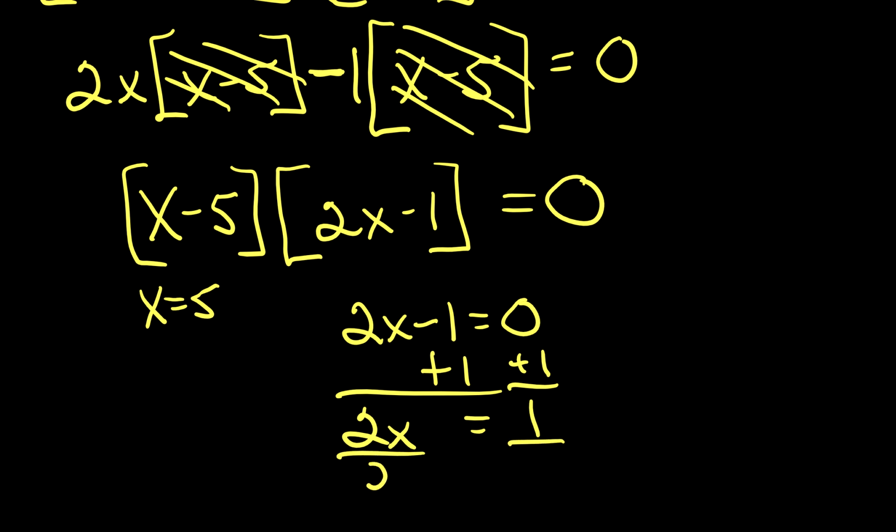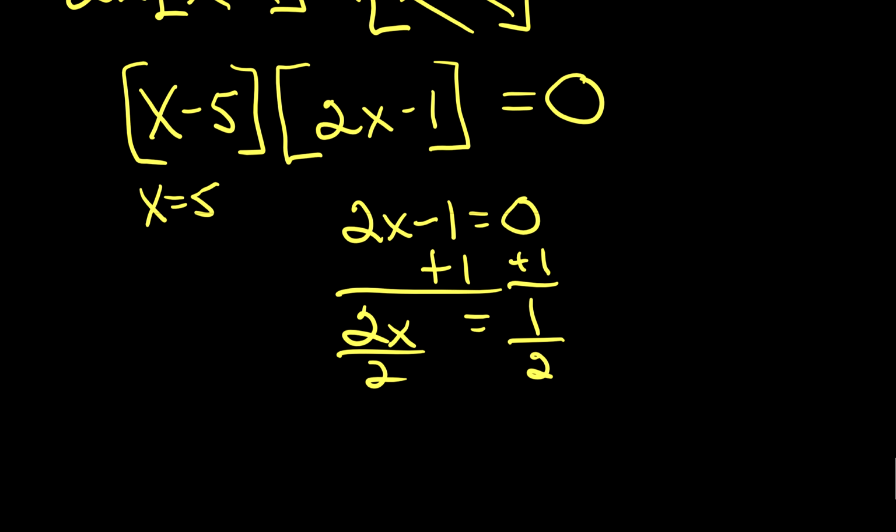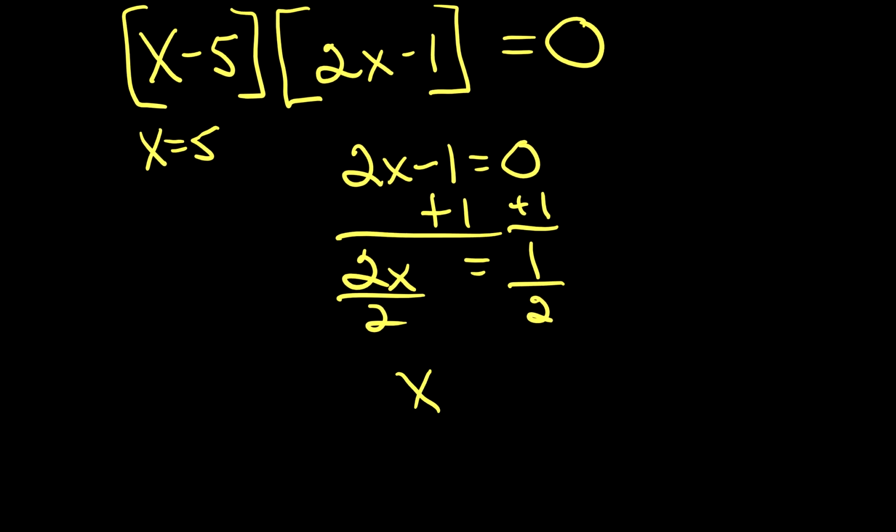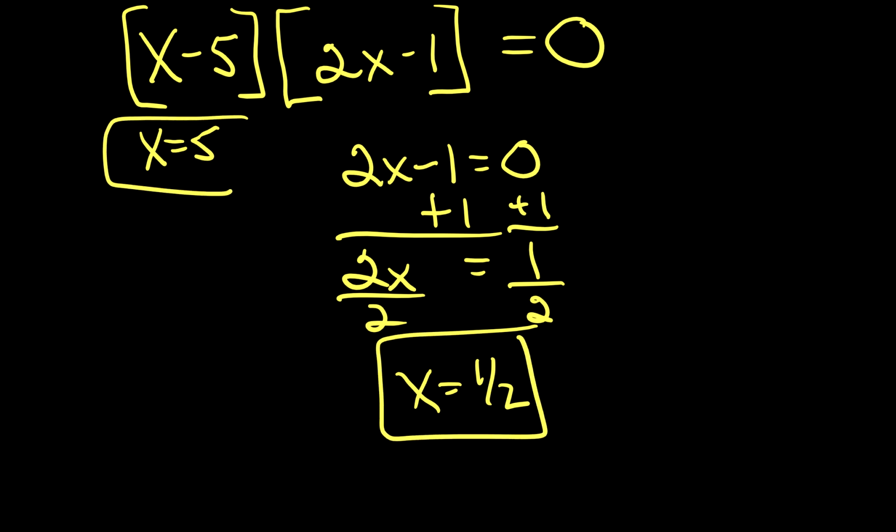Divide both sides by 2. So you can see x is going to equal 1/2. And there are our 2 solutions for that problem. That was huge, that problem. Very huge.